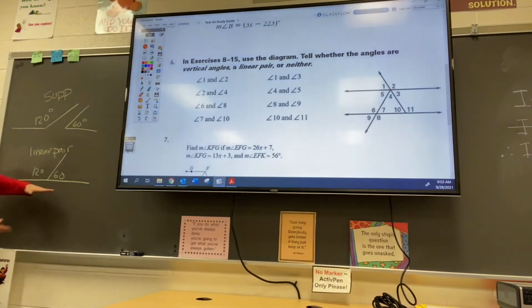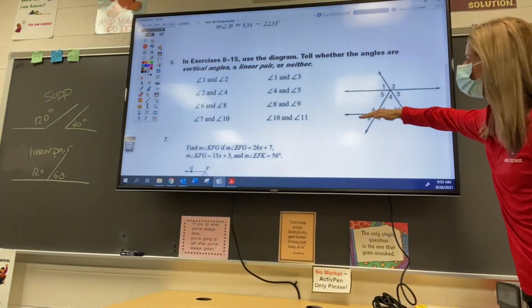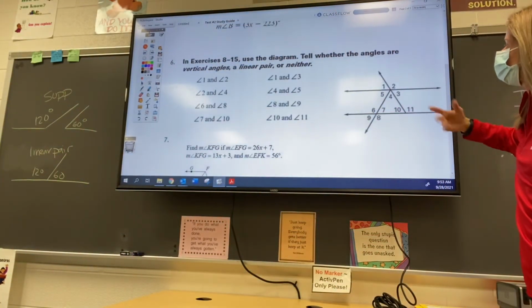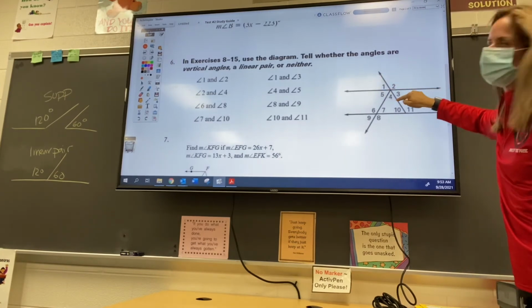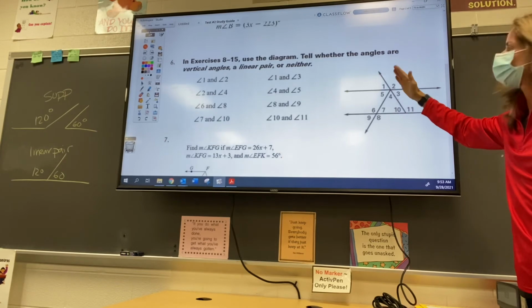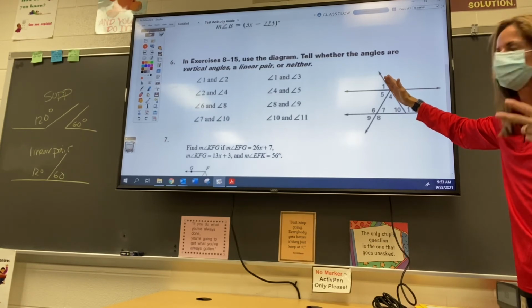A linear pair are two angles, it's a pair, so there's only two, that add up to 180 degrees, and they have to share a side and a vertex. So an example of a linear pair here would be 6 and 7. And then neither would be, like these three right here, 1, 5, and 4. Yes, they do add up to 180 degrees, they form a straight line, but they're not a linear pair because it's three angles, and a pair means two.